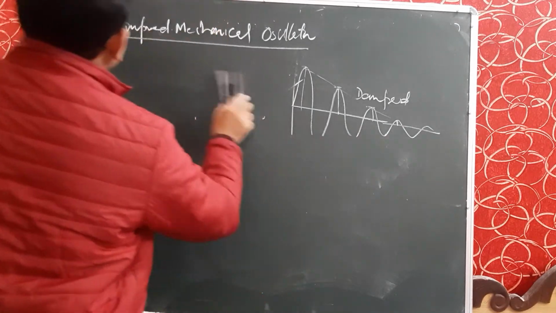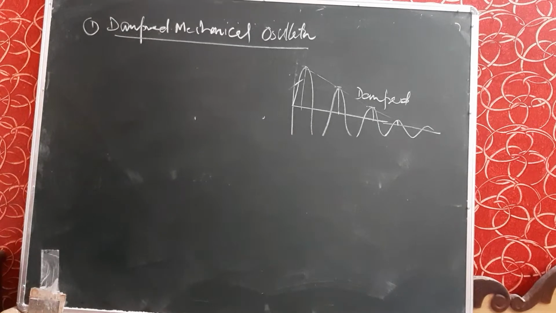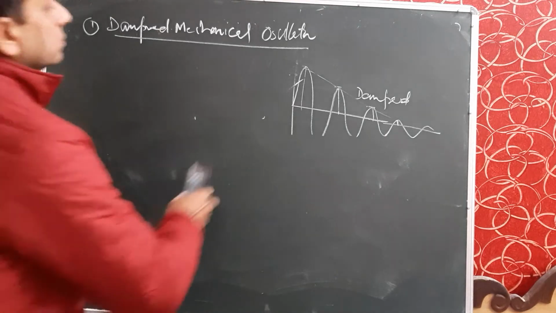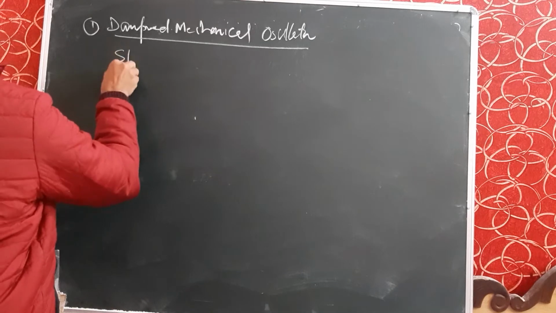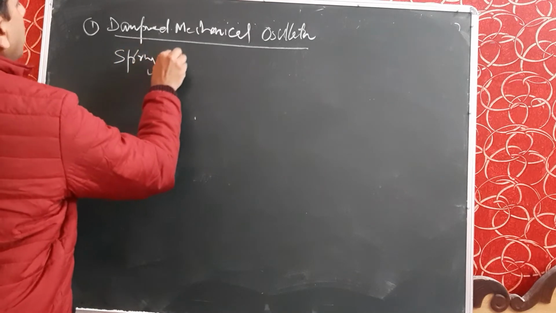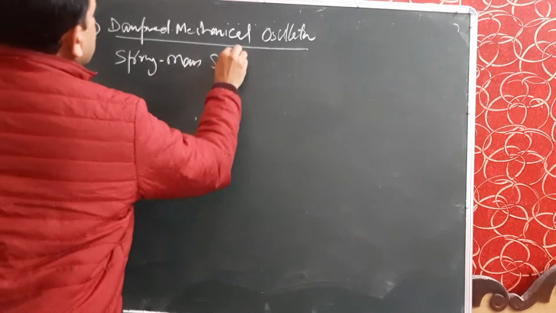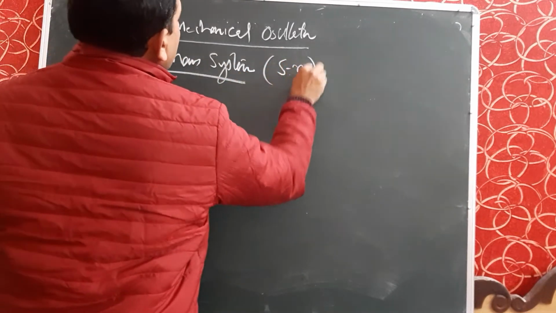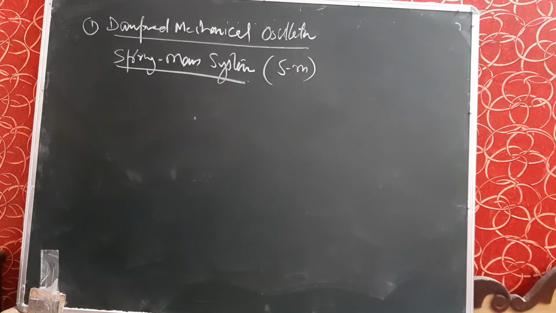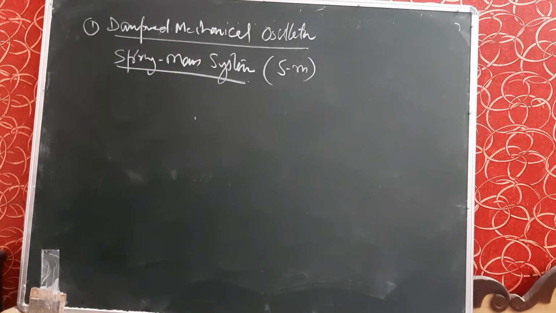So, first one, damped mechanical oscillator. We can consider the same example, that is the spring mass system, which we have already discussed in the undamped oscillator.